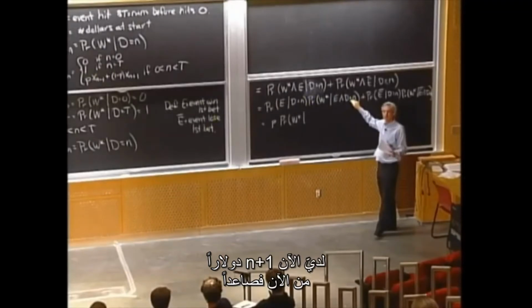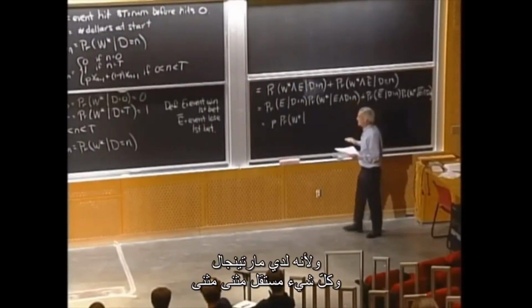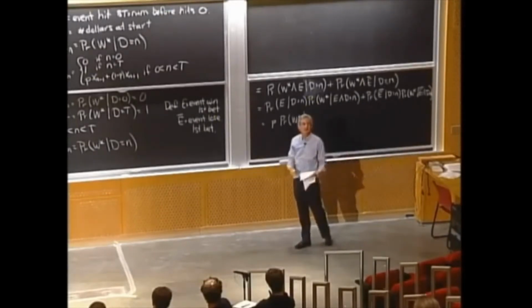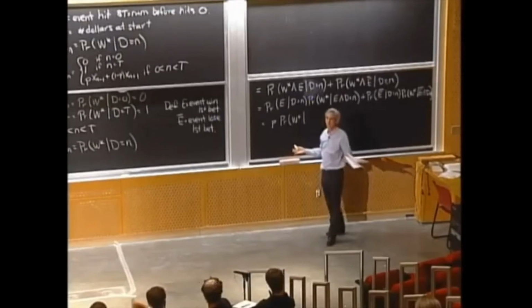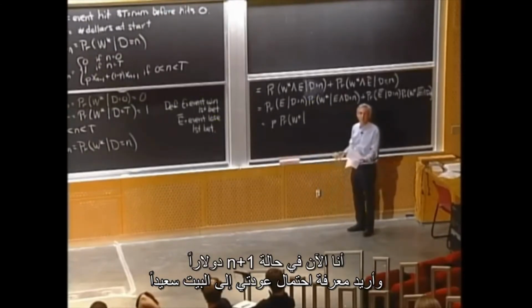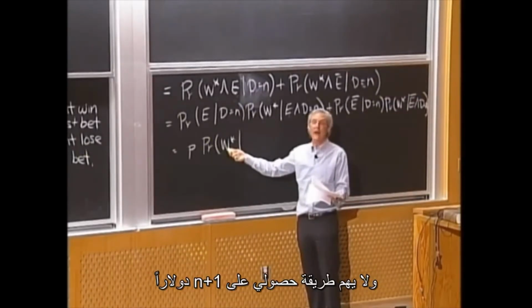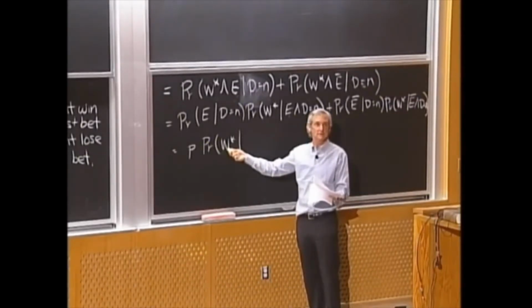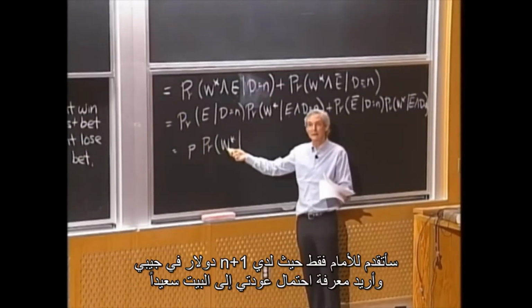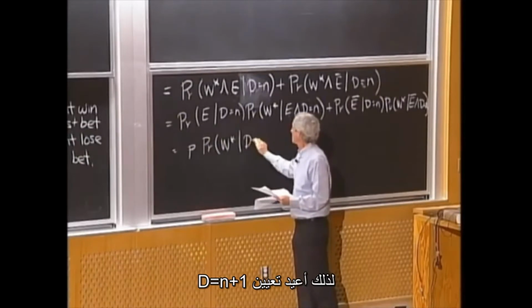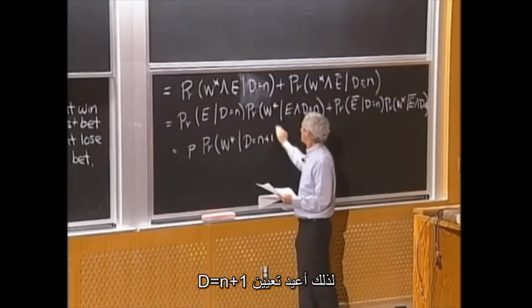I now have n plus $1 going forward. And because I have a martingale and everything is mutually independent, it's like the world starts all over again. I'm now in a state with n plus $1, and I want to know the probability that I go home happy. Doesn't matter how I got the n plus $1. It's just going forward. I got n plus $1 in my pocket. I want to know the probability of going home happy, so I reset to d equals n plus 1.